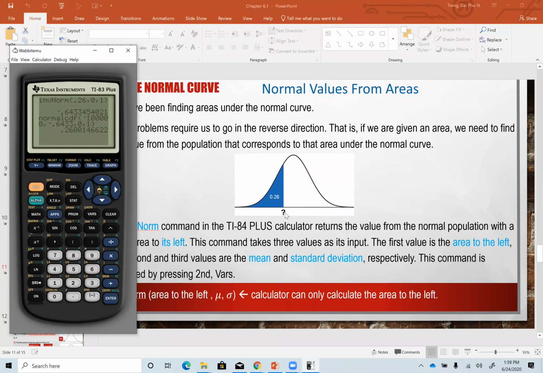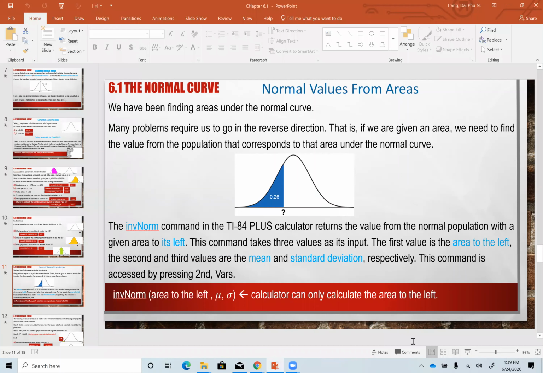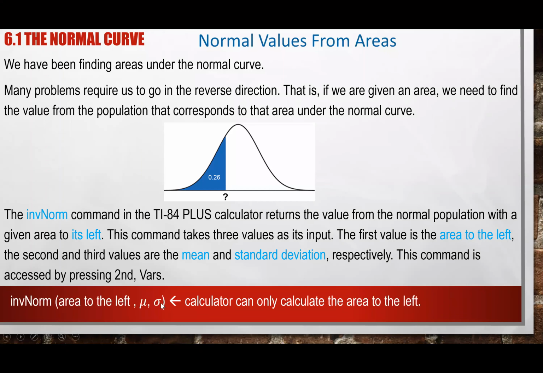I don't know the corresponding z-score. Can you find it for me? To find the z-score, you put in inverse norm. The feature for inverse norm needs the area to the left, the mu and the sigma, which is the mean and the standard deviation.